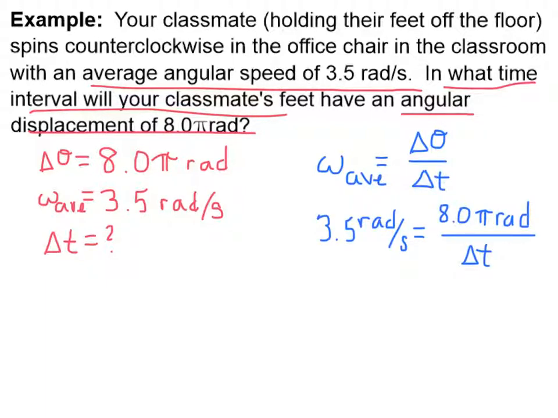And when we go ahead and do the algebra here, we get delta t equal to 7.2 seconds. You can, of course, rearrange the equation before plugging values in so that delta t would be equal to the angular displacement divided by the average angular speed, or you could plug the values in and then do the algebra after. Either way is fine.